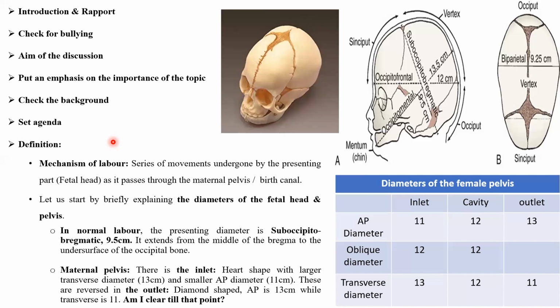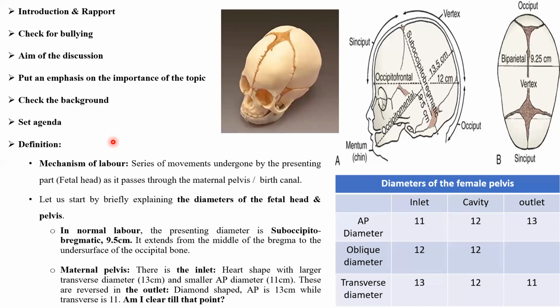So after this, you have to explore the aim of the discussion. So Sam, I came to know that you want to learn about the mechanism of labor. Is that right? He will say yes. Now you have to put an emphasis on the importance of the topic whatsoever will be presented in the station. So here, the mechanism of normal labor. So why the mechanism of normal labor, Sam? He will say, because I need to know more about the physiology of normal labor, because I'm new here in the department.